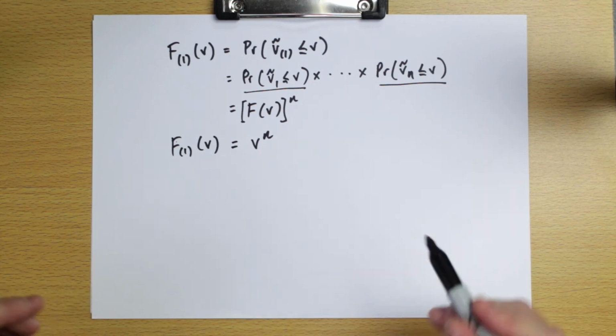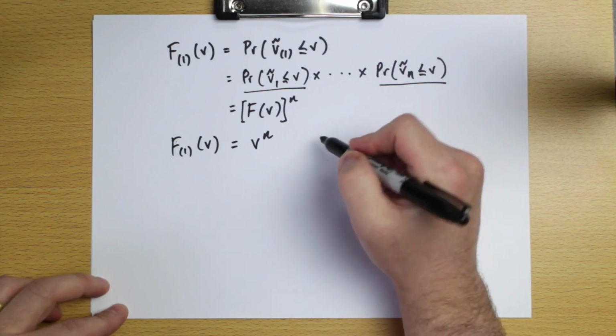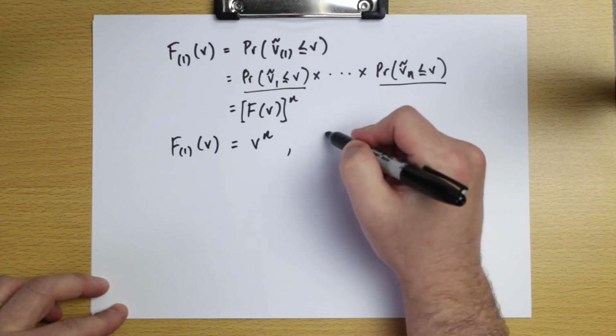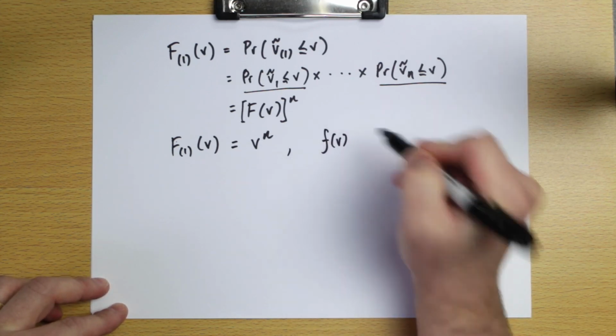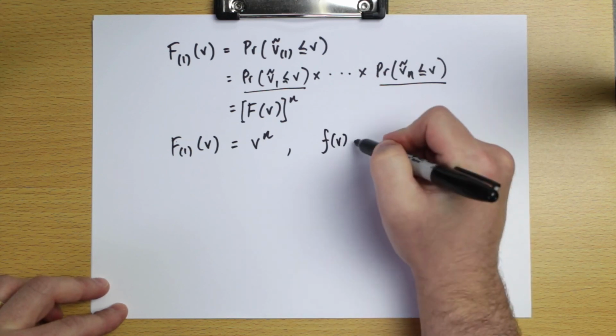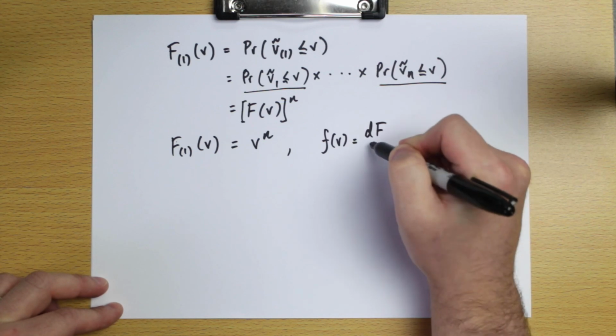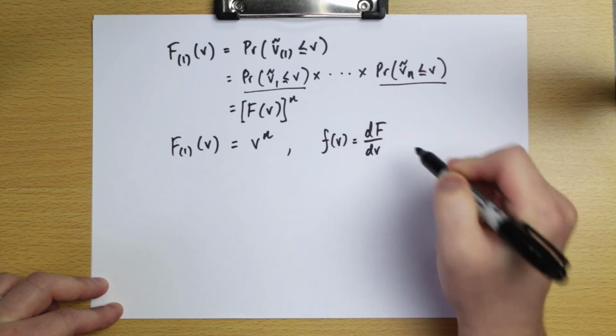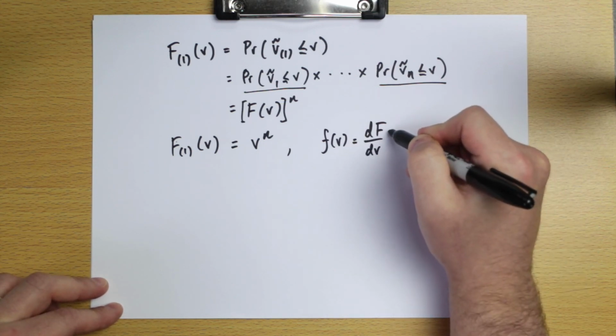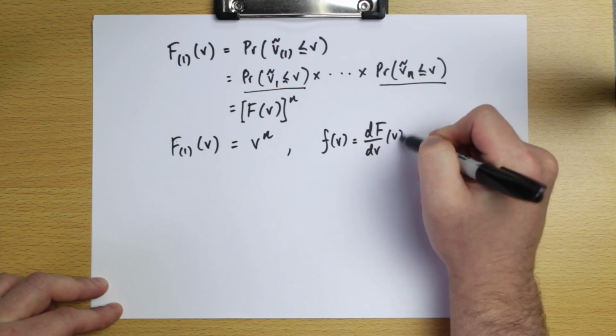Okay, now to find the density function, I simply differentiate. So lowercase f evaluated at a point v is going to be the derivative of the distribution function with respect to v, evaluated at that point.